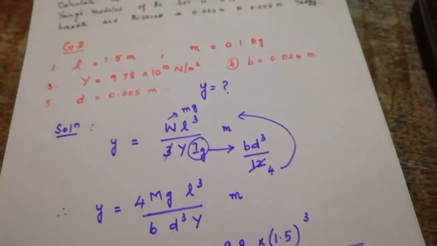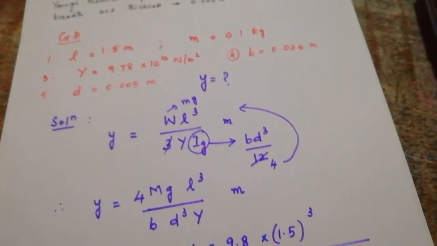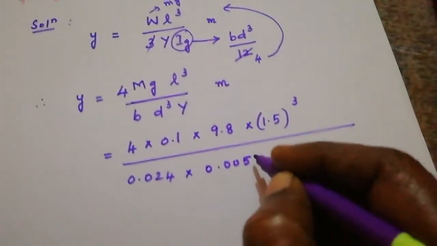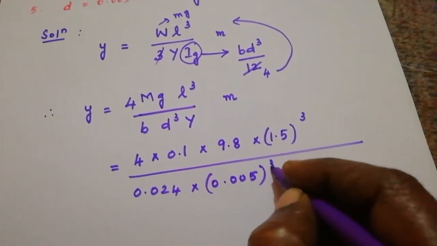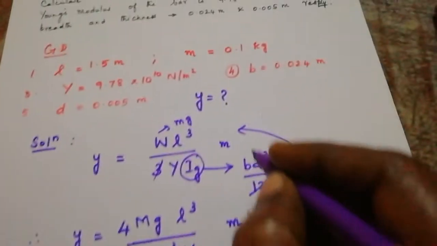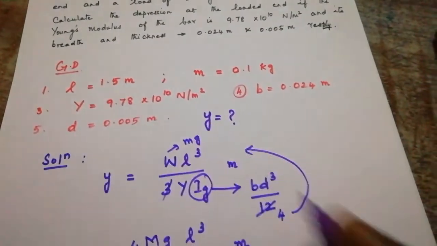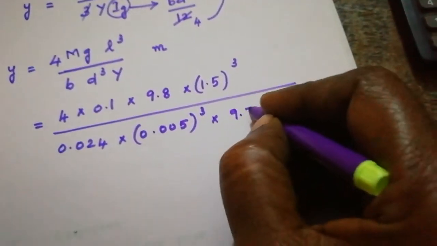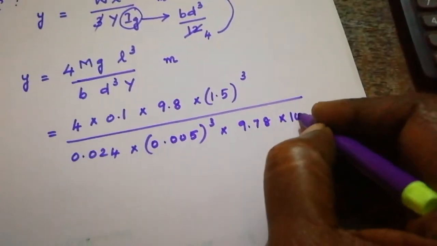Thickness is 0.005, the whole cube. Young's modulus value is 9.78 into 10 power 10.